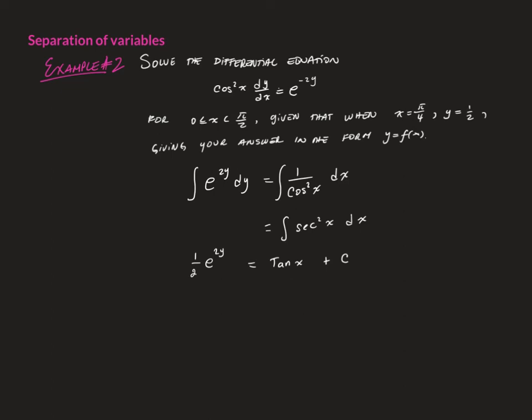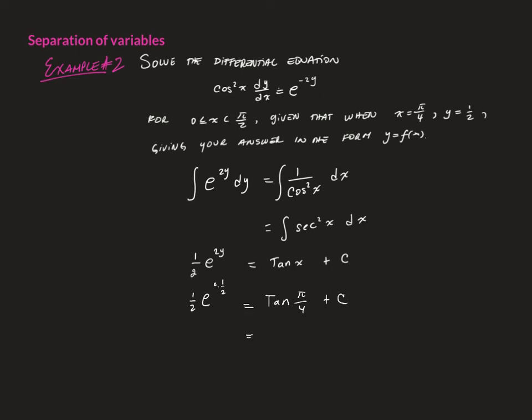Now, in order to find the value of the constant of integration, we need to use this extra information that we were given. So when x is pi by 4, y is equal to a half. So before I solve for y, I'm just going to substitute those values in order to find c. So 1 half e to the power of 2 times 1 half is equal to tangent of pi by 4 plus c.